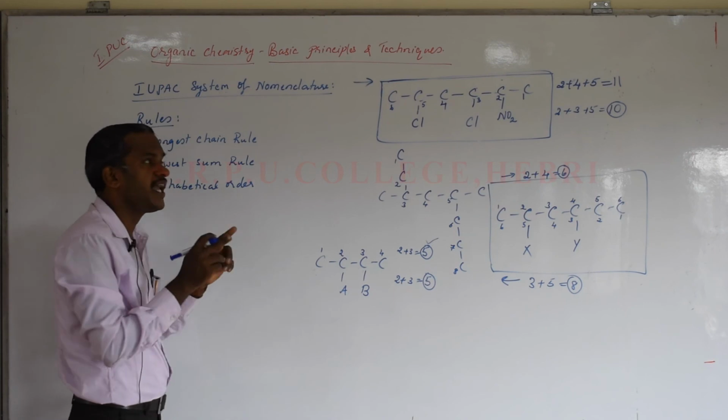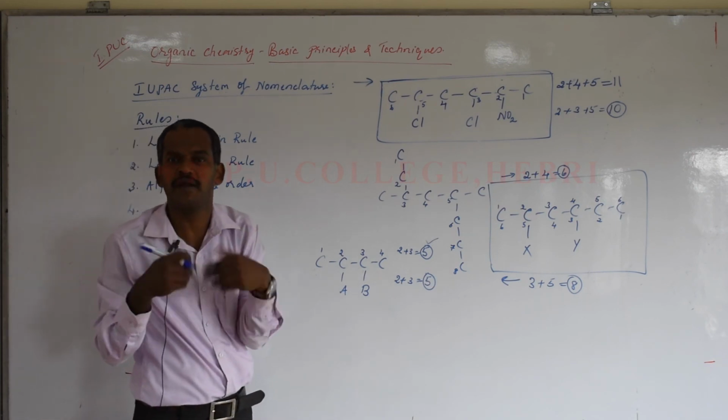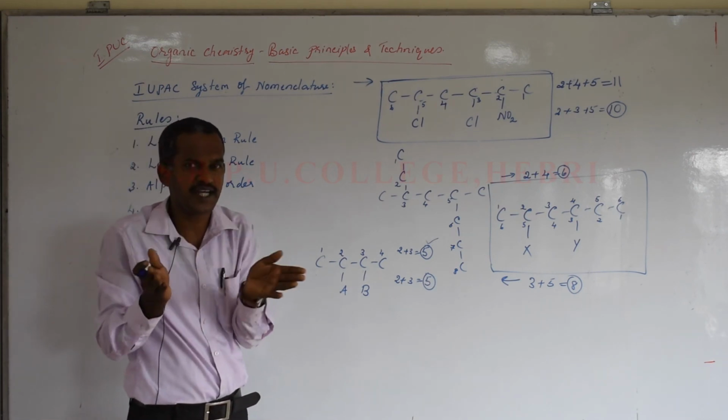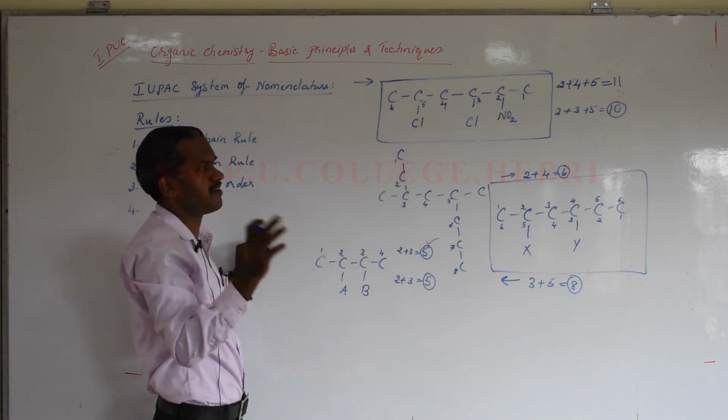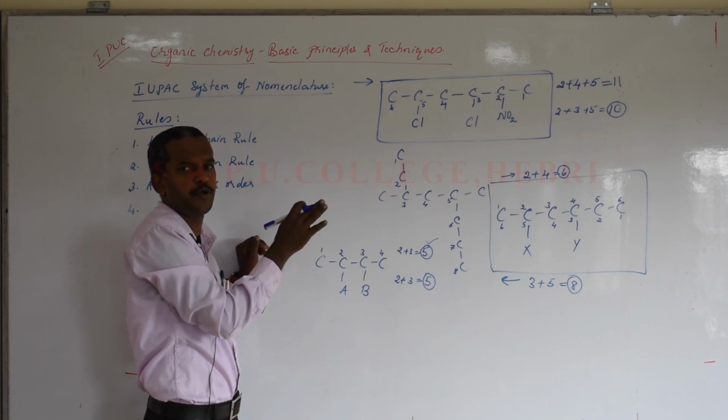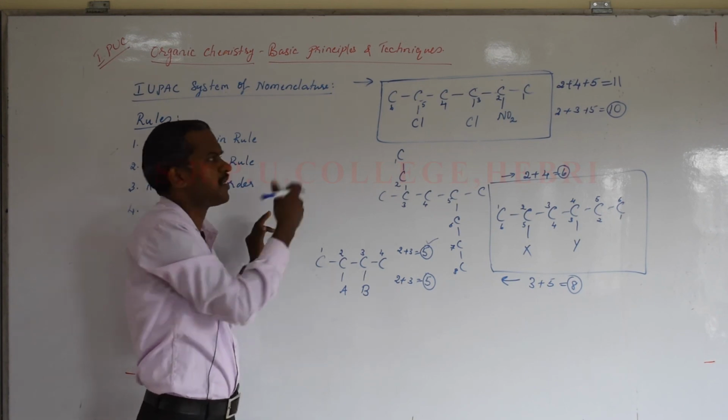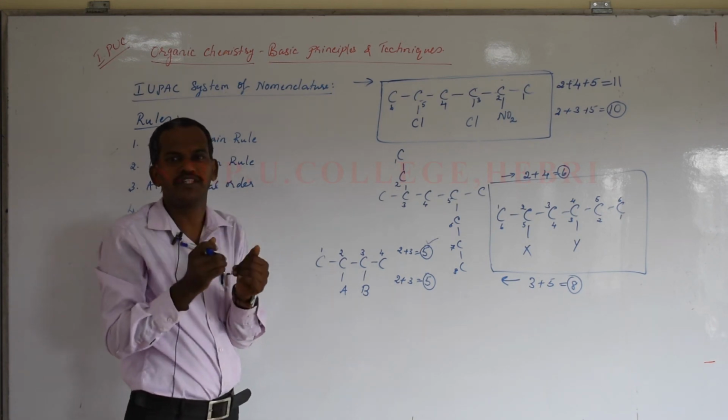If the same substituent repeats, after understanding alphabetical order, remember, I use the word substituent, it may be a halogen, it may be a nitro group, it may be an alkyl group, it may sometimes be a functional group of less importance also.